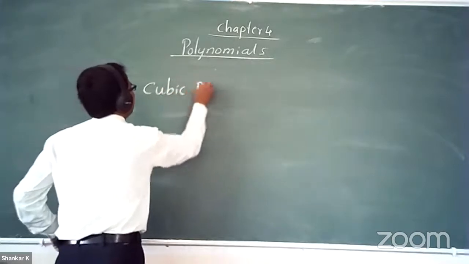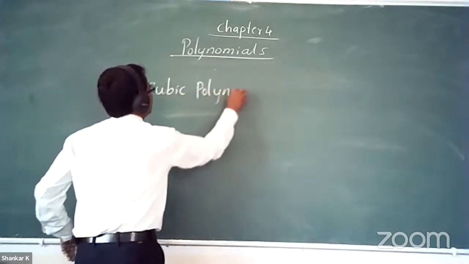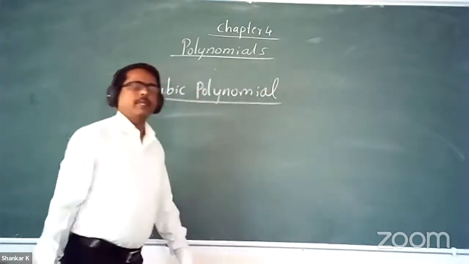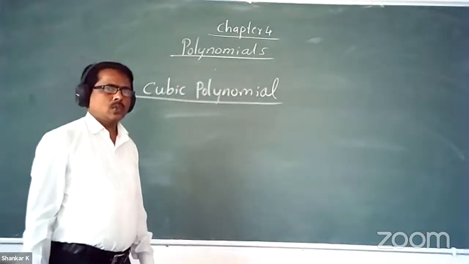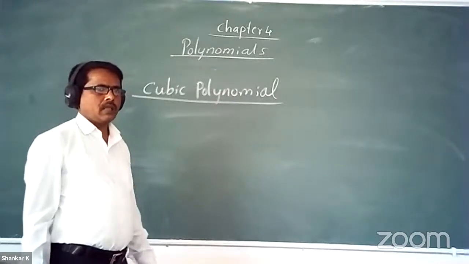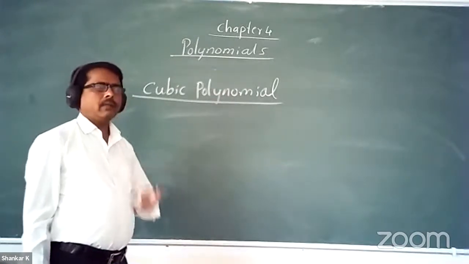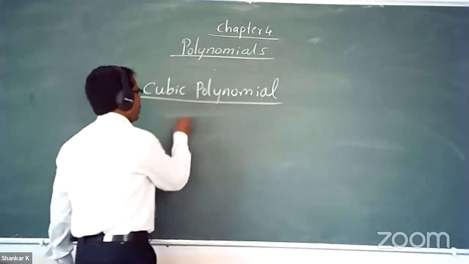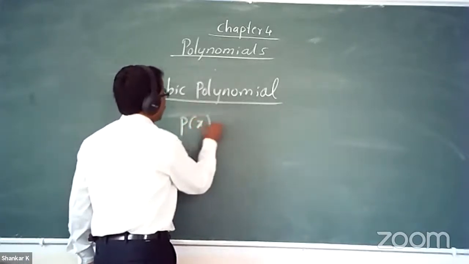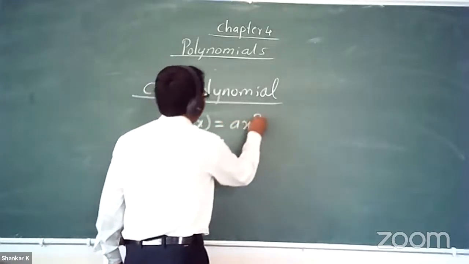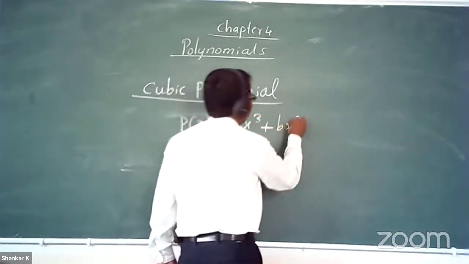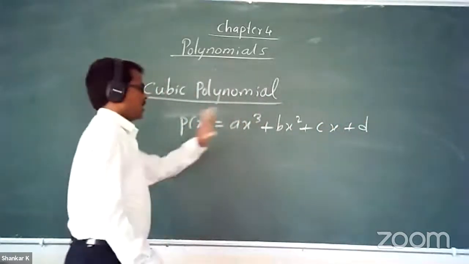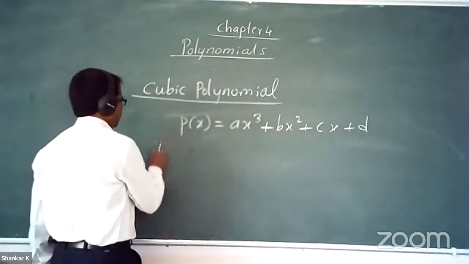Cubic polynomial. A polynomial with degree 3 is known as a cubic polynomial. Its general form is p of x equal to ax cube plus bx square plus cx plus d. It looks like this.